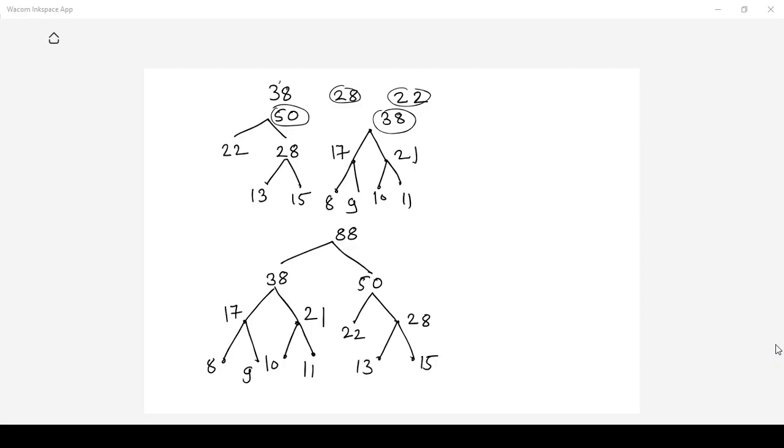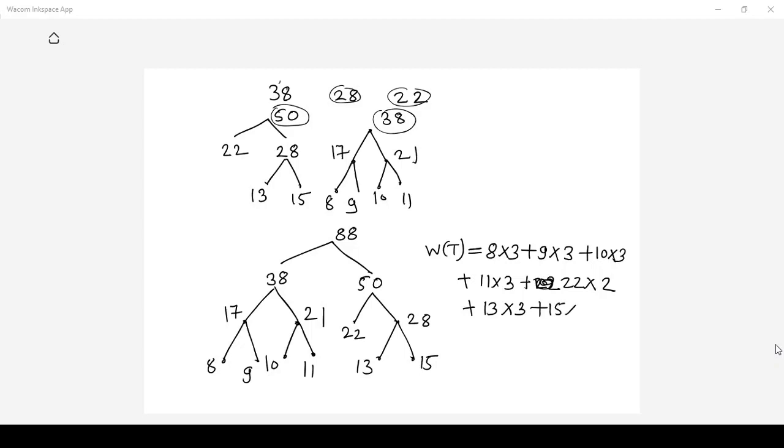To find out the weight of this tree, we can write: 8, that is the first leaf node, into its path length, 8 into 3, plus the second leaf node 9 into the path length 3, plus next 10 into 3, plus 11 into 3, plus 22 into 2, plus 13 into 3, and the last leaf node 15 into 3.